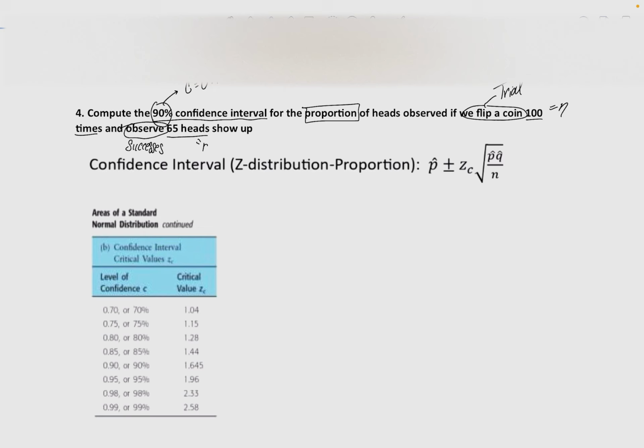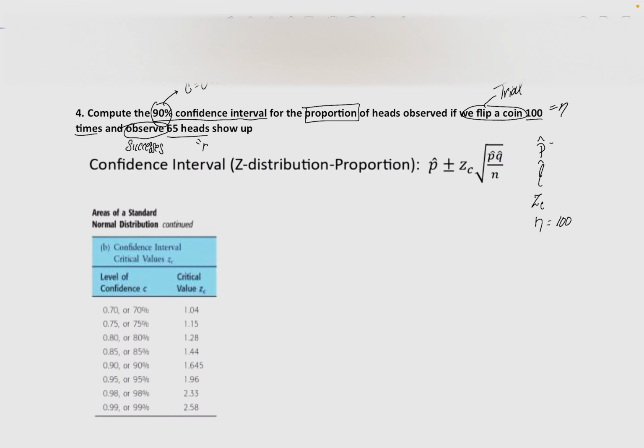To compute this, we look at the equation for the confidence interval for the C distribution, and we see that we need p hat, q hat, the z critical value, and the sample size. So we know that the sample size already is 100, so we can fill that one in immediately.